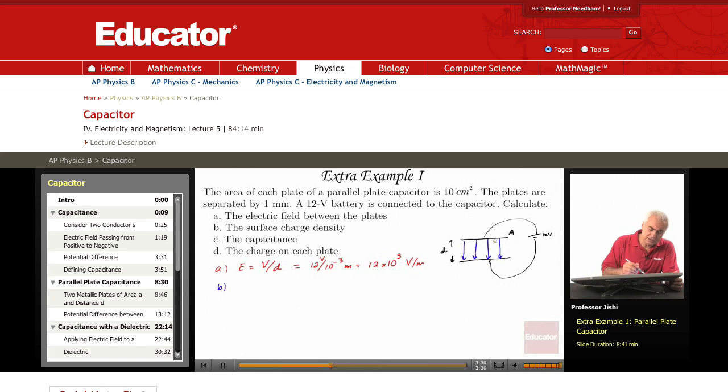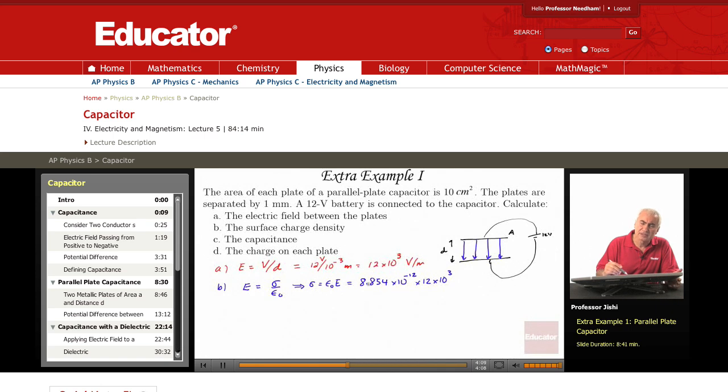We know that the electric field, E, between the plates of a parallel plate capacitor is just sigma over epsilon 0. So this means that sigma is epsilon 0 E. Epsilon 0 is 8.854 times 10 to the minus 12 in SI units, and E is 12 times 10 to the 3.